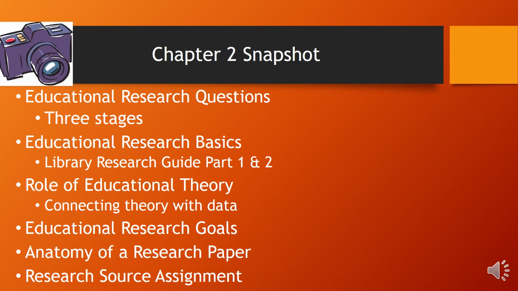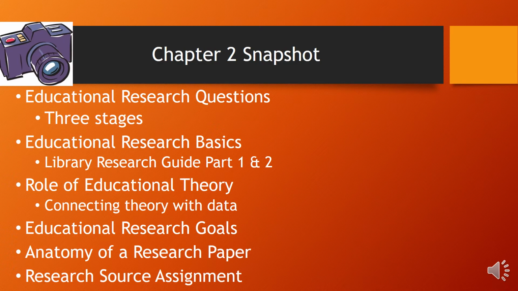Chapter 2, Snapshot. In this chapter, we will discuss 3 stages of selecting a research question. Educational research basics, which include resources and materials you can utilize when conducting research in the library.